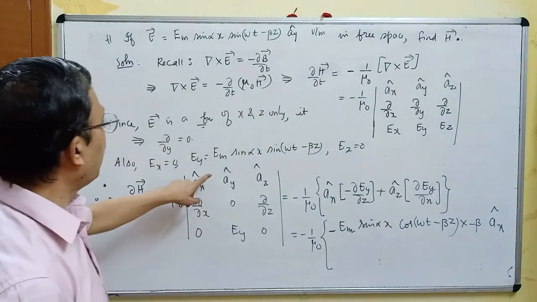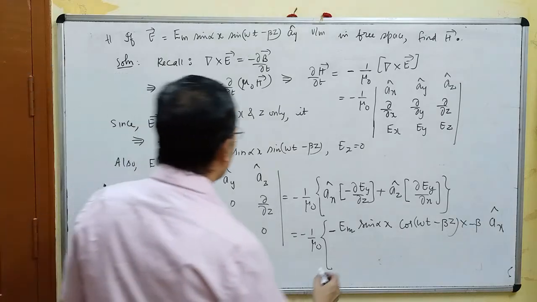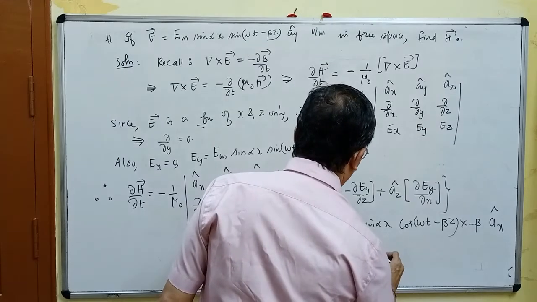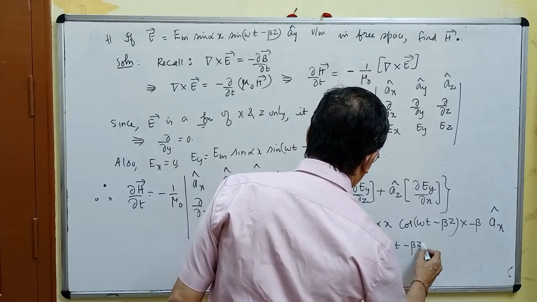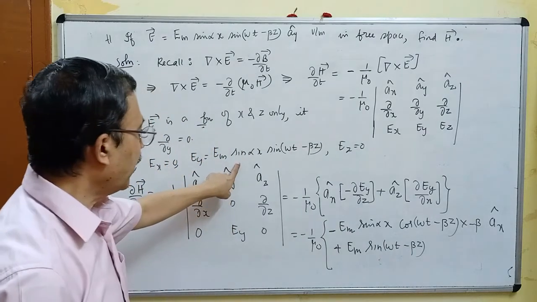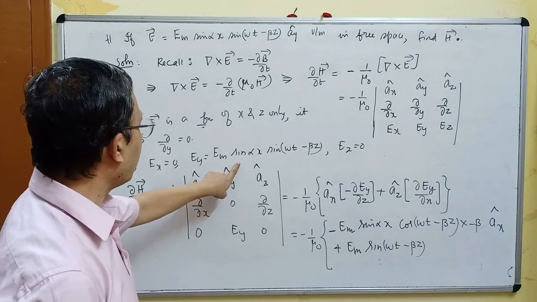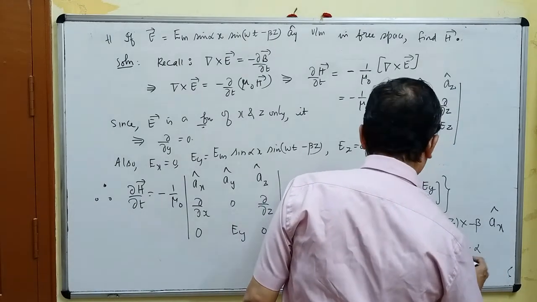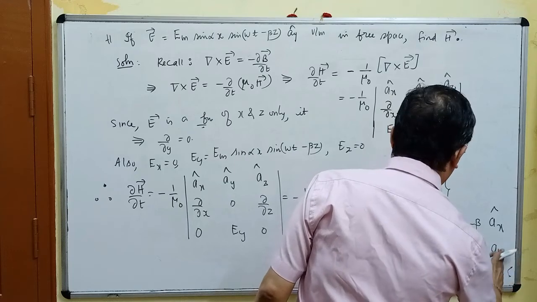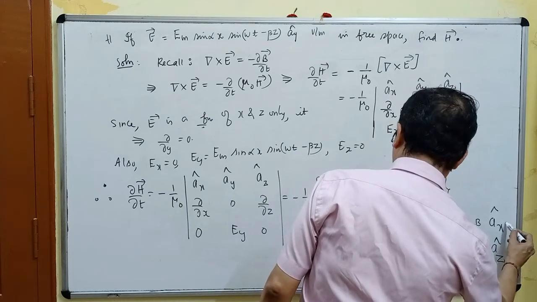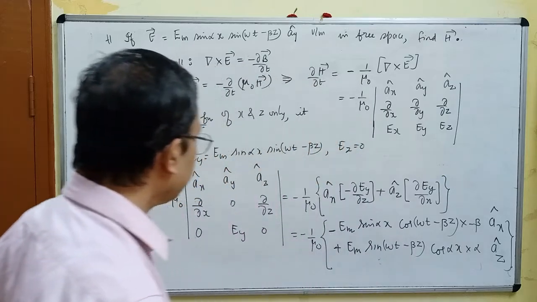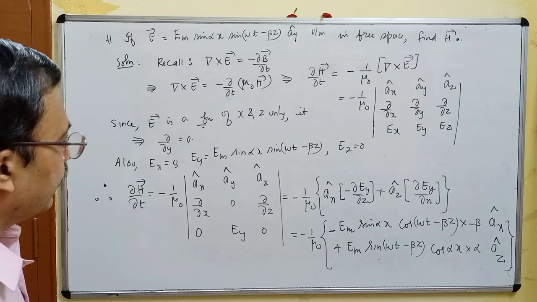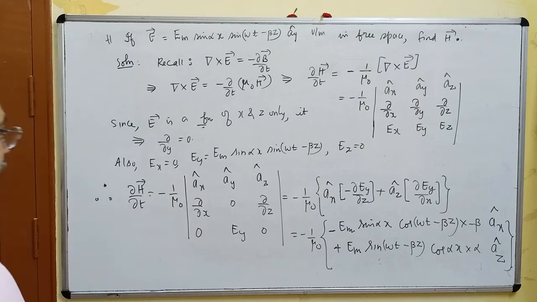Now differentiate Ey with respect to x. So this is plus Em sin(omega t minus beta z), which is a constant. Sin alpha x, if you differentiate with respect to x, you get cos alpha x into alpha, the whole thing multiplied by Az cap. Correct?